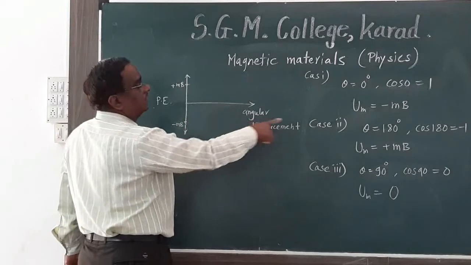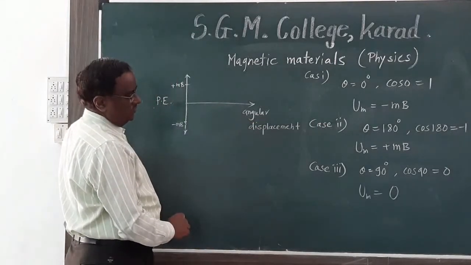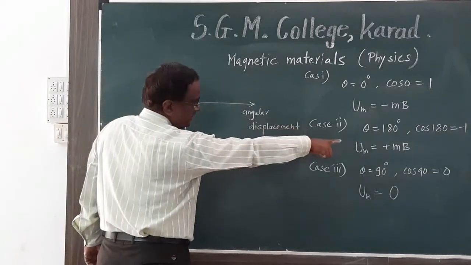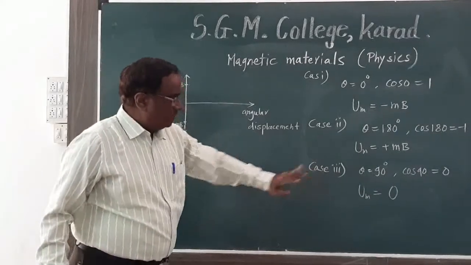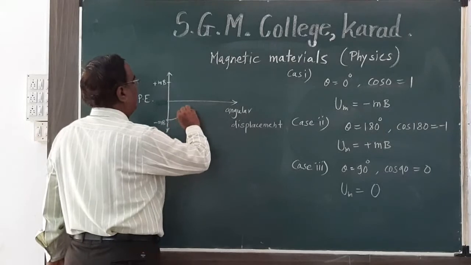When theta is equal to 180 degree, it is plus MB. And in the third case, when theta is equal to 90 degree, potential energy is 0.